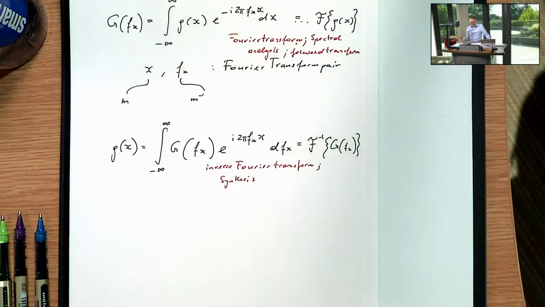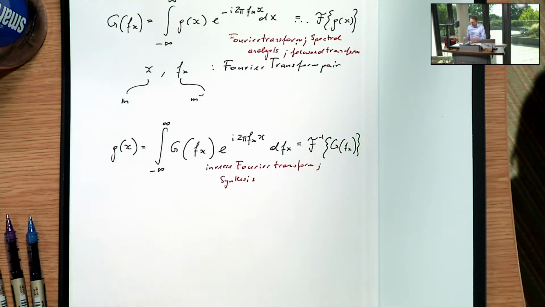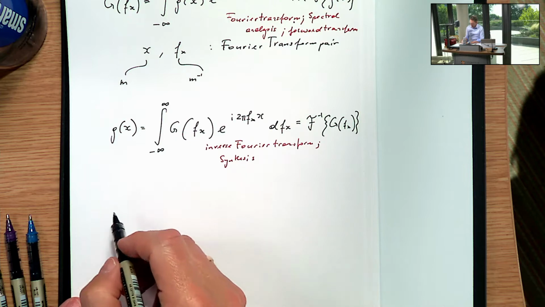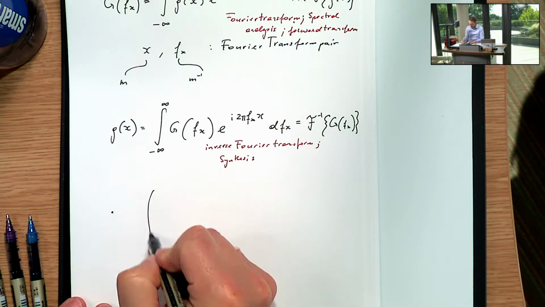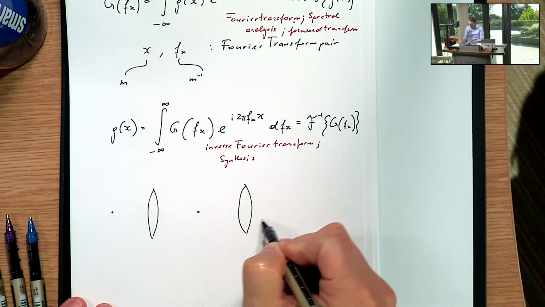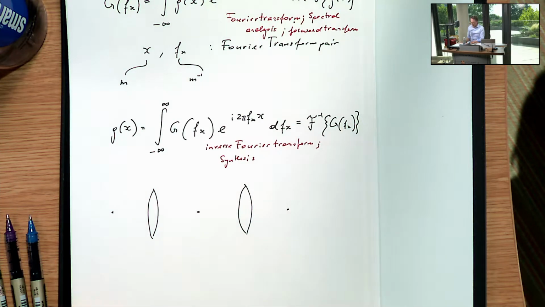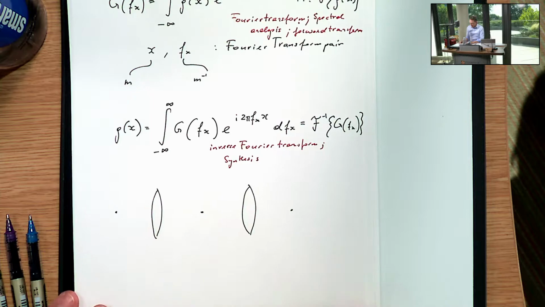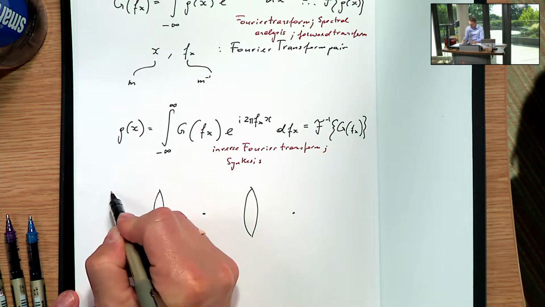So they are completely symmetric operations as far as optics is concerned. And now I will draw again our important 4F imaging system with all the conjugate planes. So we now have a sample plane.